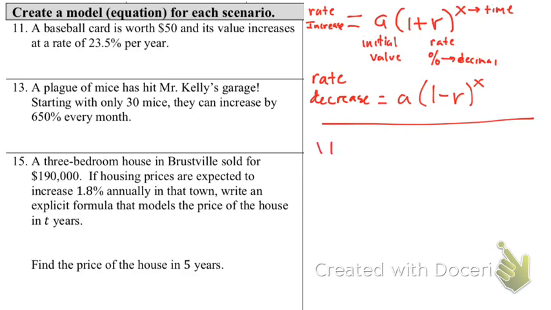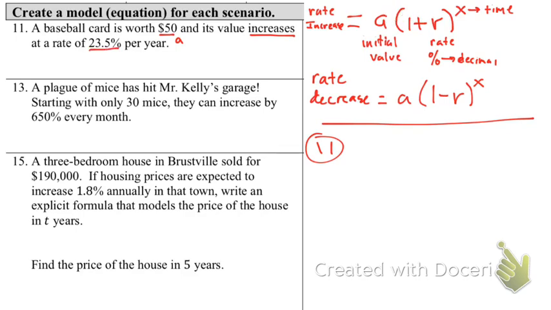So number 11, a baseball card is worth 50 and its value increases at a rate of 23.5 per year. So there's my A value. Increases means we're using the 1 plus R formula.